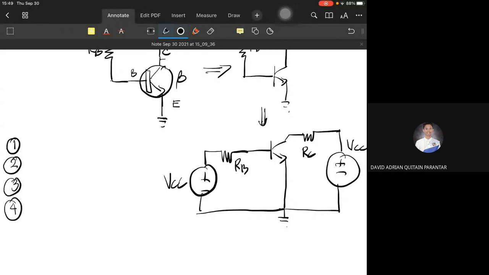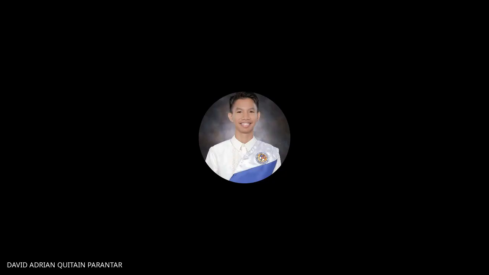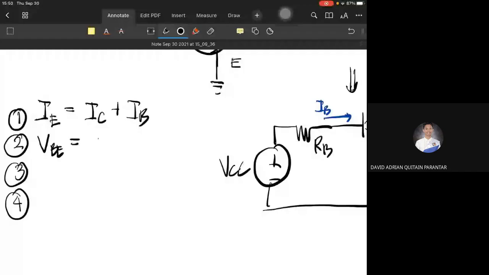First one, current IE is equal to IC plus IB. Second, VBE is equal to 0.7 volts.